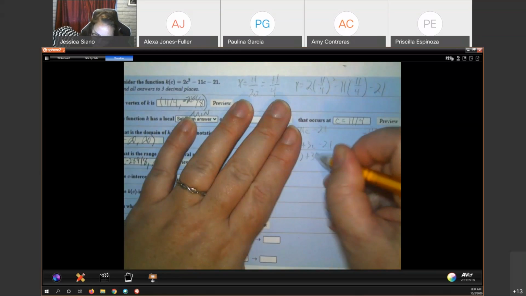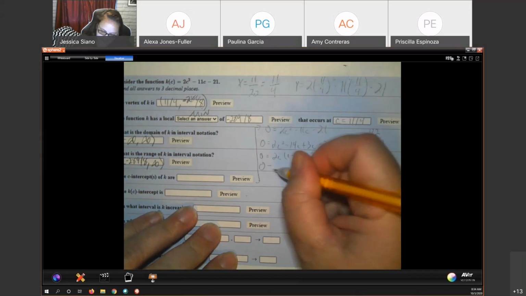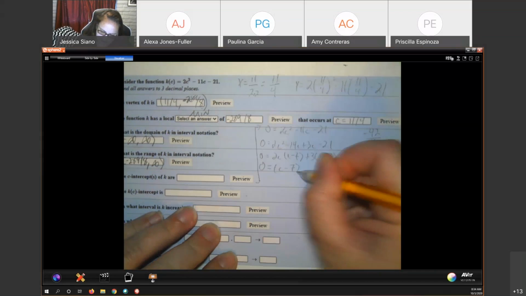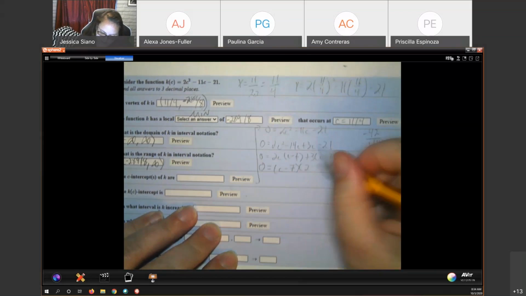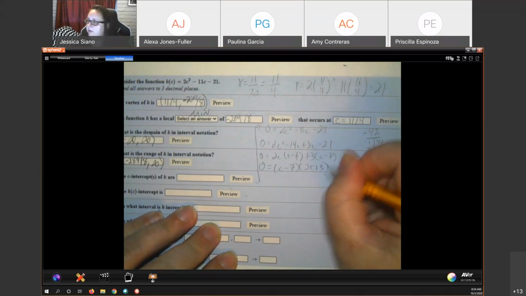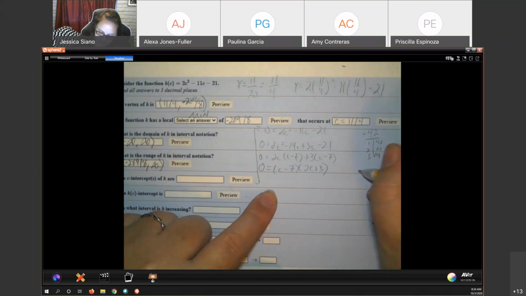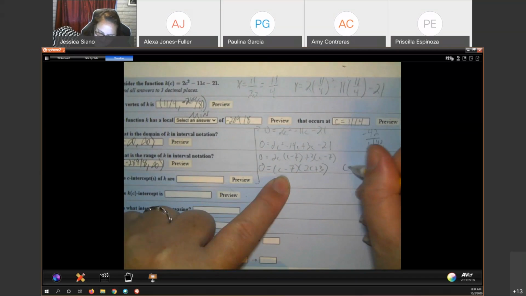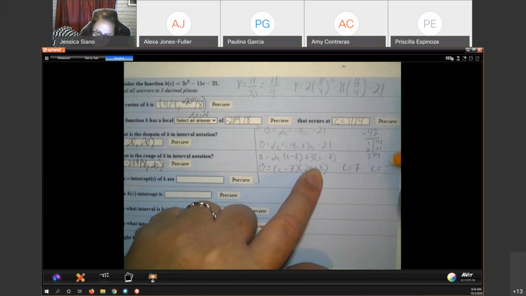GCF out of c minus 7: 2c plus 3. Set each one of these equal to 0. Then your intercepts would be c equals 7 and c equals negative 3/2.